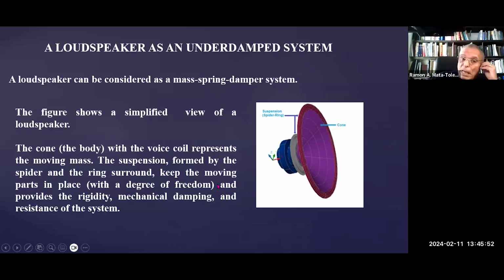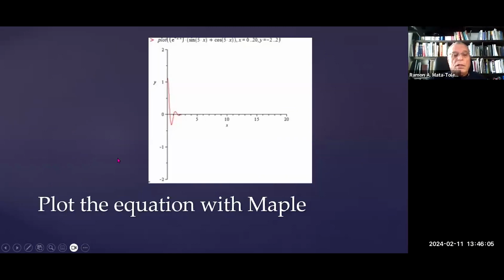And that's what we try and visualize here. These phenomena that we're trying to manipulate. So let me show you in here. When we plot this equation, notice the equation that we obtain.